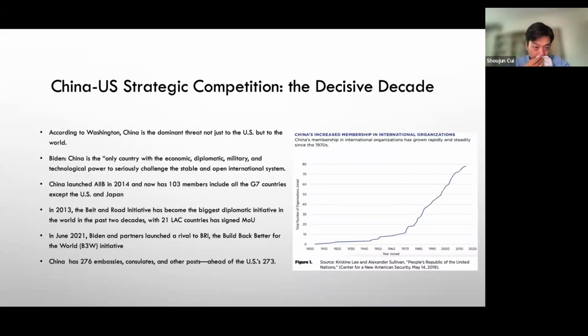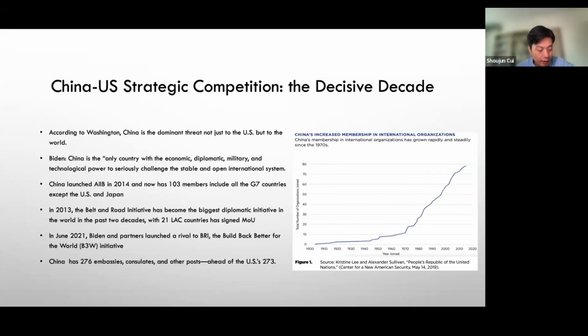According to the Biden administration, China is the only country with the economic, diplomatic, military, and technological power to seriously challenge the stable and open international system. So they view China as a rival, as an enemy, not as a partner, not as a friend.